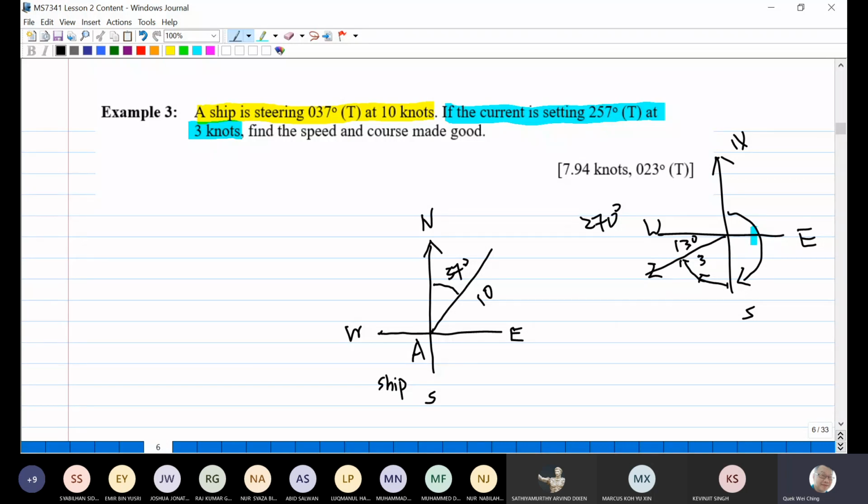So let's join this diagram to here. I extend it because I want to make sure it is as accurate as possible. This is about the current now. It's 13 degrees and 3 knots. The direction of the current is this one.